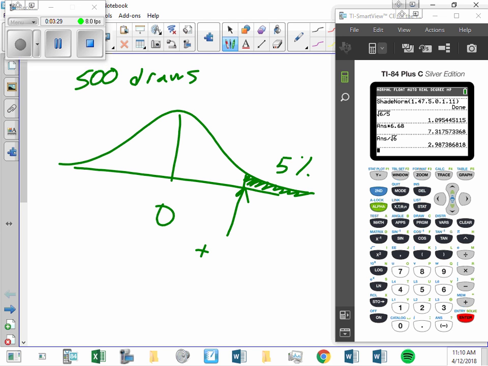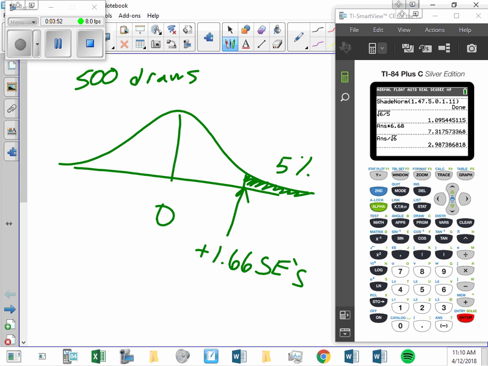Plus 1.66 SEs, right? Whether it's an SEN or an SEP or an SE average, it's 1.66, okay? But I'm only allowed to use the Z table when I have a lot of draws, okay?